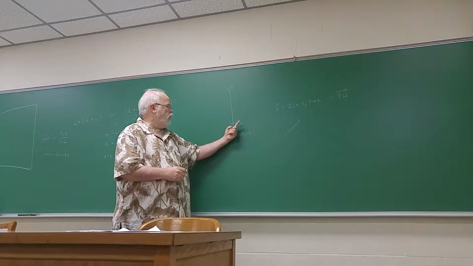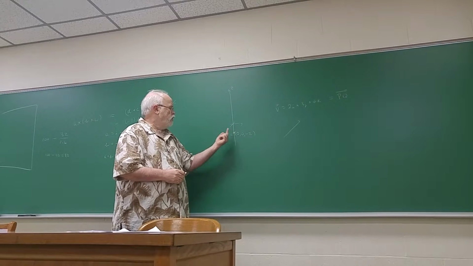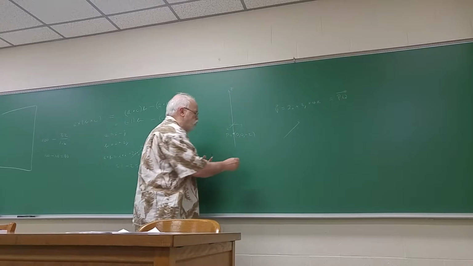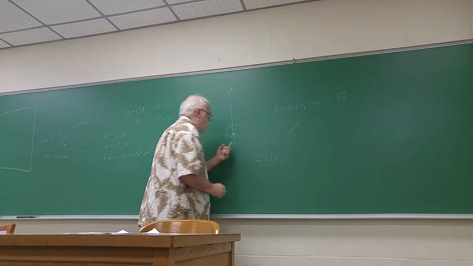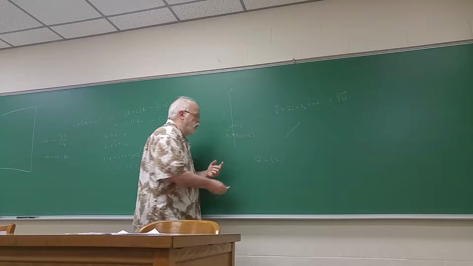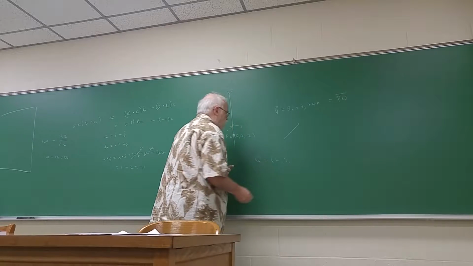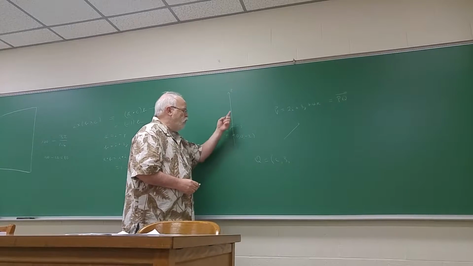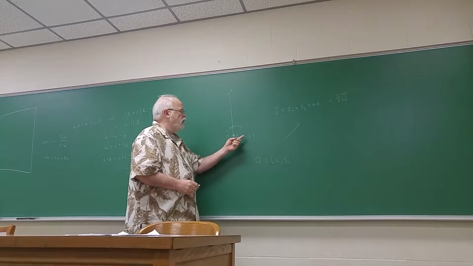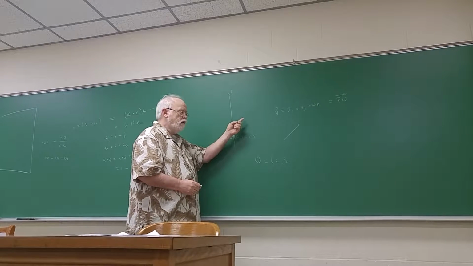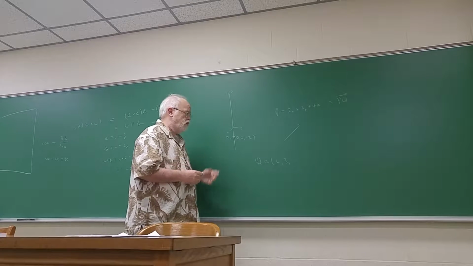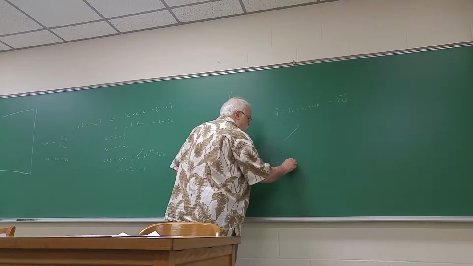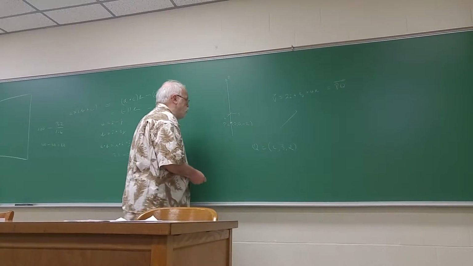And so we go out 2, well then that'll give me a 2 for Q. We go out 2 and over 3, and then up 4. If I go up 4 from -2, where do I end up? 2, not 6. So several of you got 6 for this. So this has to be a 2. Q is 2, 3, 2.